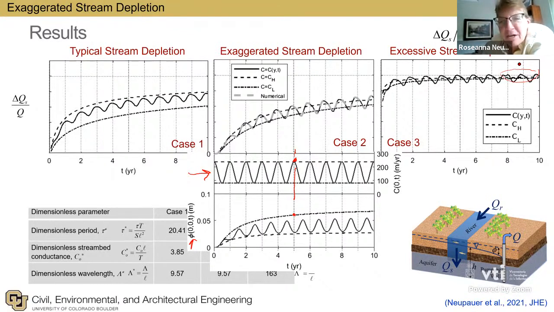And this occurs because, again, you have this different drawdown. The drawdown is changing over time, just like the stream bed conductance is. So there are actually times where you can get more flow of water from the river across the stream bed into the aquifer than you have of the pumping rate.